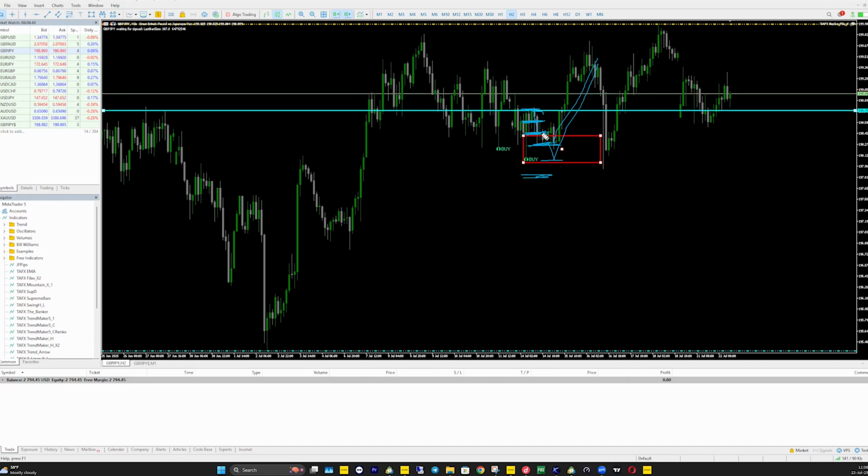Number 2, it will help you to bank more profit because suppose the market dropped and gives us all these buys. When the market went to this area, if we would have banked like $200 from this place, we are going to bank more than $1,000 because of all these trades.